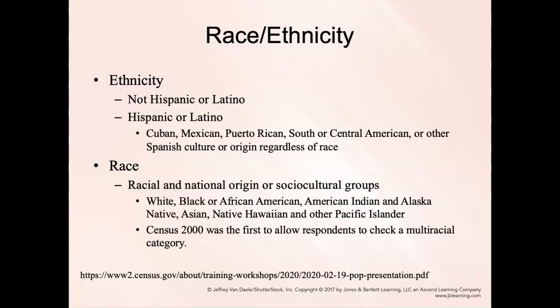Interestingly, Census 2000 was the first that actually allowed people to check multiple racial categories. Before that, you had to pick one, and we know that people are diverse and not everyone identifies with just one of these categories. So it was a big deal that finally changed in the 2000 census.